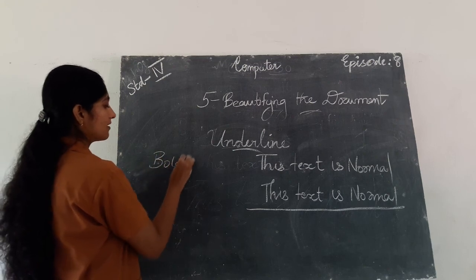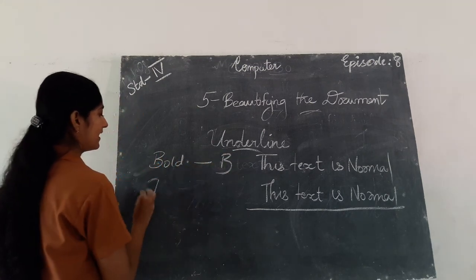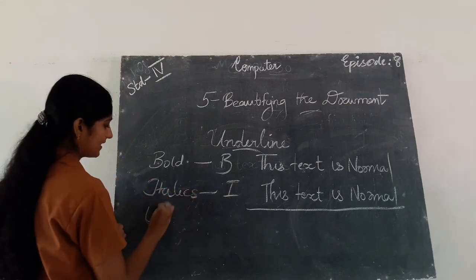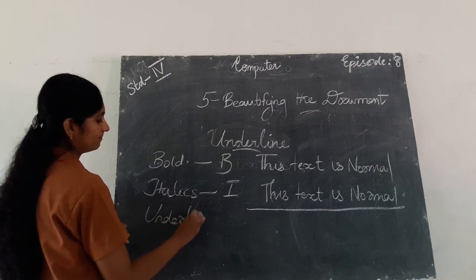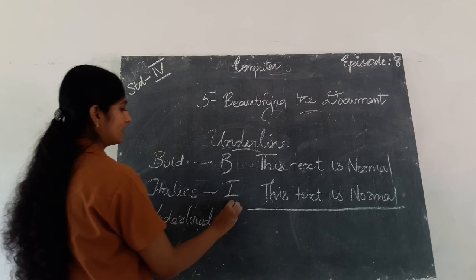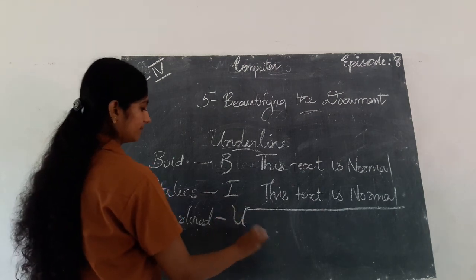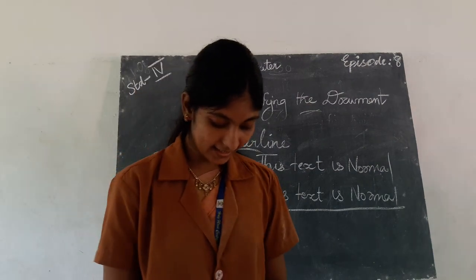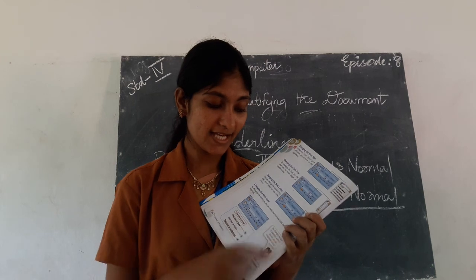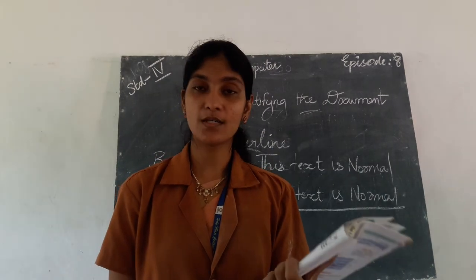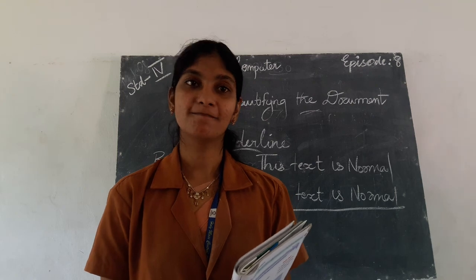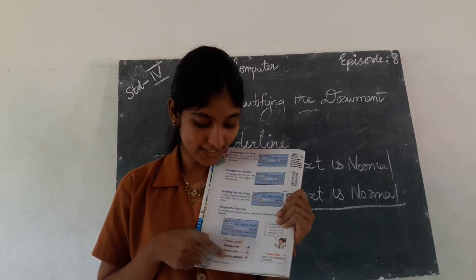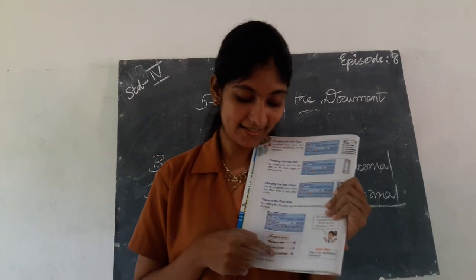Bold, letter B; italics, letter I; underline, letter U. By changing the style of particular words in the text, you can emphasize them.